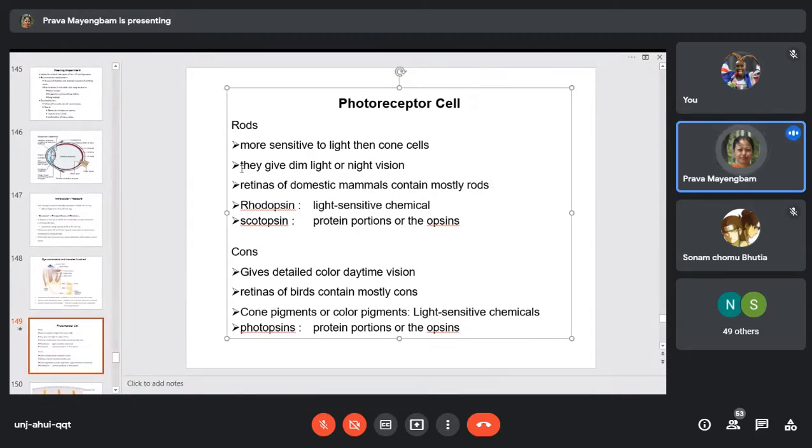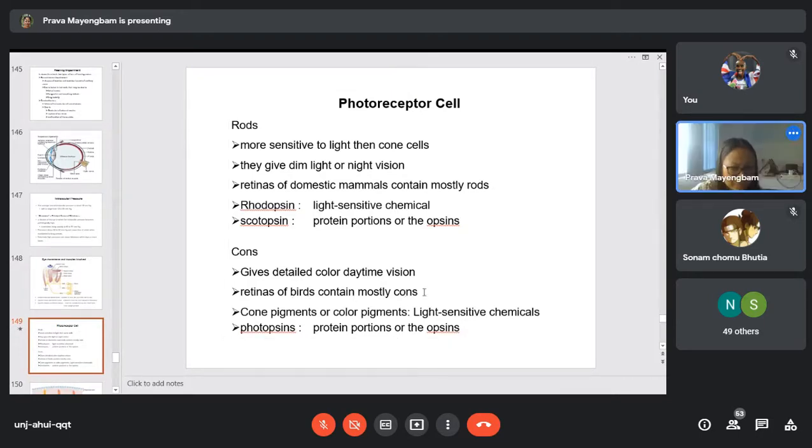That means most of their photoreceptor cells are rods rather than cones. The retinas of birds contain mostly cones rather than rods.